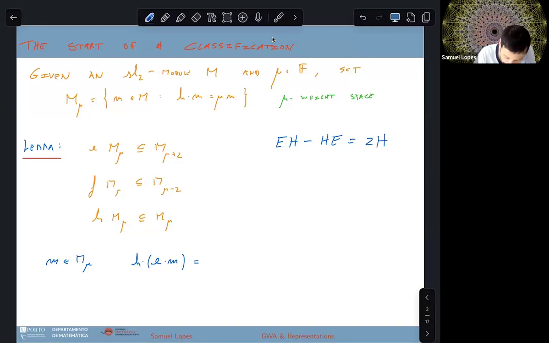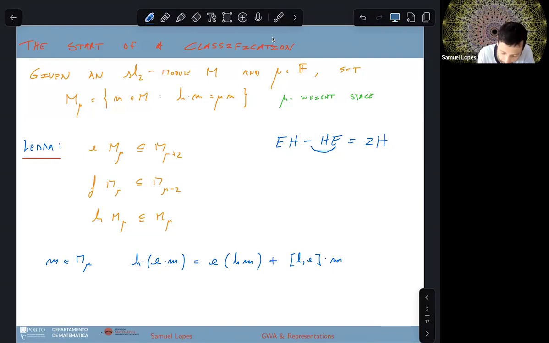Using this, I see that HE acting on the element M is the same as changing the order, EH, plus adding the bracket of H and E acting on M. And this bracket of H with E is precisely 2E.